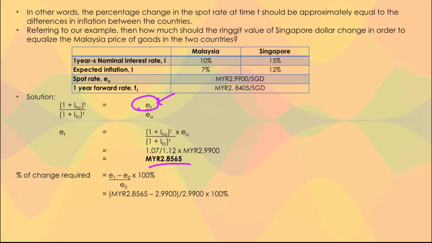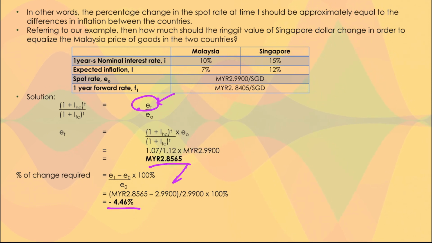Now we find the percentage of change required: the future spot rate minus the spot rate, divided by the spot rate, times 100%, to find how many percent the currency appreciates or depreciates. When we substitute into the formula, the answer is negative 4.46%.